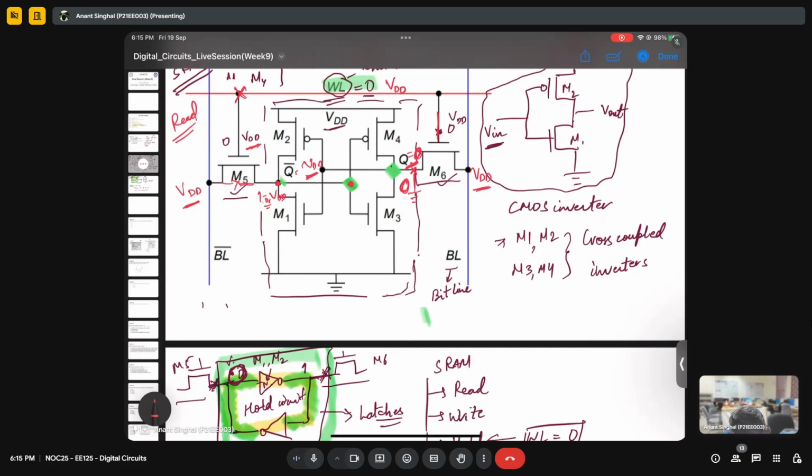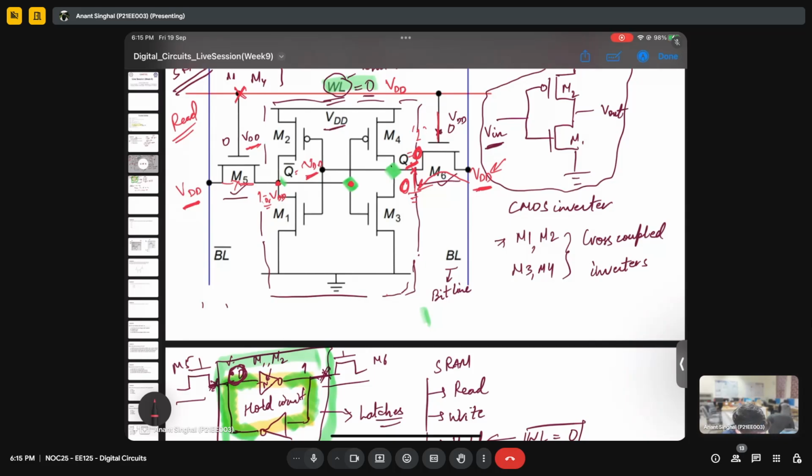We started with a pre-charged VDD in both bit line and bit line complement, but this will not remain VDD because since this is ground, this will discharge, right? If we want to do a write operation, we need to flip this bit to 1, then only whatever you're saying is applicable. Is it clear?